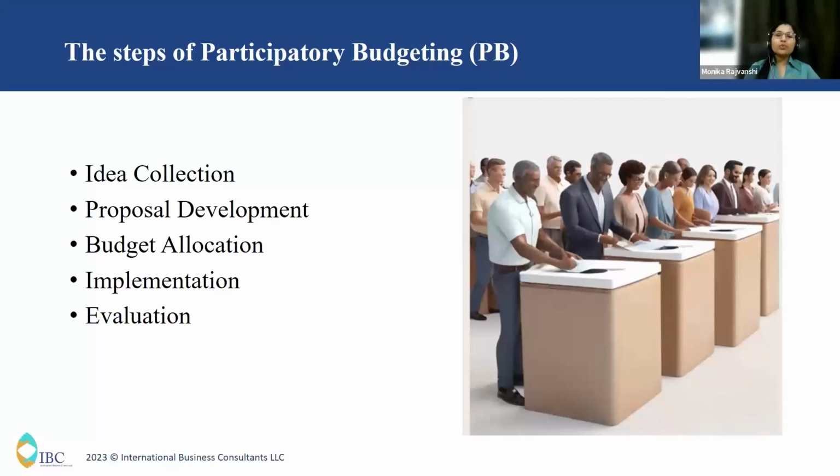Then these proposals are reviewed, refined and evaluated by different stakeholders and experts, so that they can come to know what the need of the public is, what things are more in demand, and which things we need to focus on more in the coming budgetary process. Then they allocate the budget by voting for a few of the proposals selected by the people.